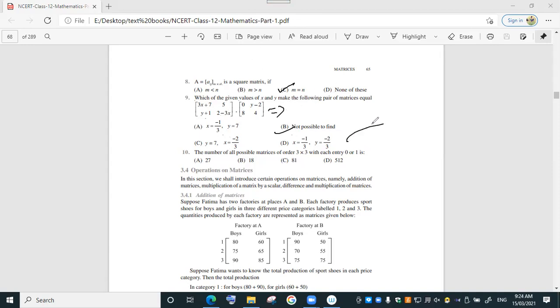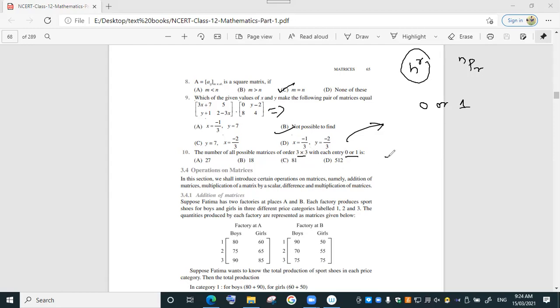This question is about permutation, n raised to power n and nPr. Here it is the repeated one. We have two entries, we can enter 0 or 1, and we have 9 places, since 3 by 3 is 9.